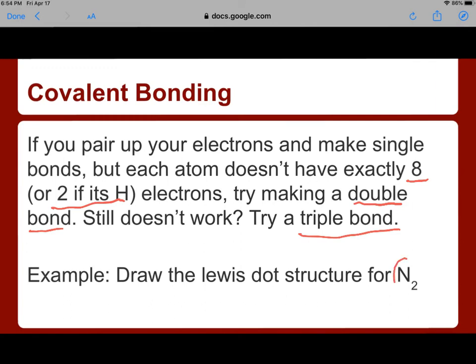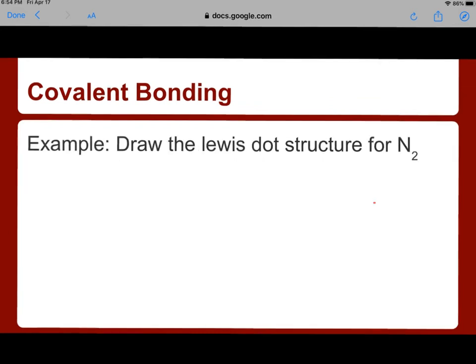Let's try to draw the Lewis dot structure for N2. Nitrogen has 5 valence electrons. So I'll draw 2 nitrogens with 1, 2, 3, 4, 5 valence electrons each.